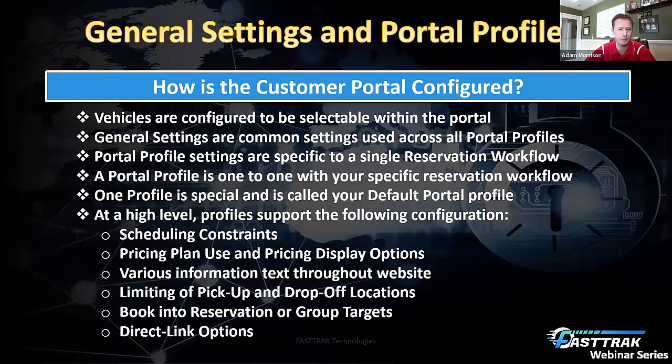When you create your vehicles within Fast Track, just like you do today, there's an option to turn on the access for that vehicle type to be used externally within the portal. Once your vehicles are set up, there's a set of general settings which are used across all profiles, no matter what portal profile they use.